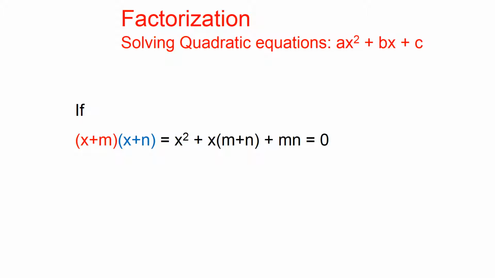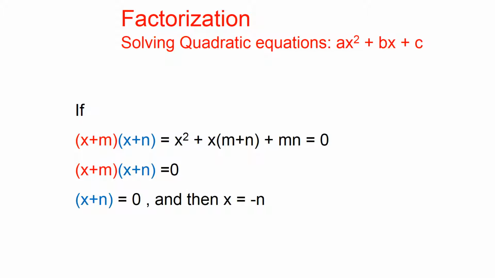Very straightforward: if we can make it equal to 0, then that means that this times this also equals 0. And the way that we solve these equations is that if two numbers times together equal 0, it must mean that one of those numbers is 0. The only way that you can times two numbers together and get 0 is if one of them, or both of them, are 0.